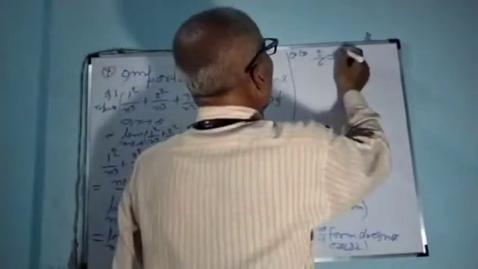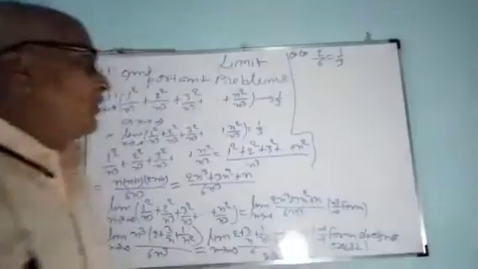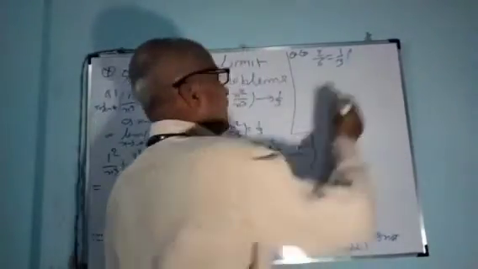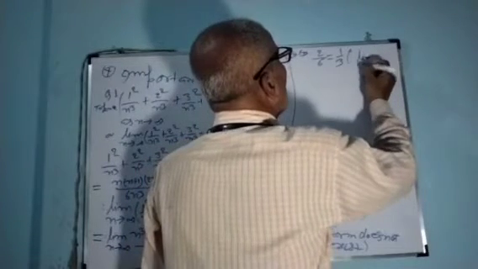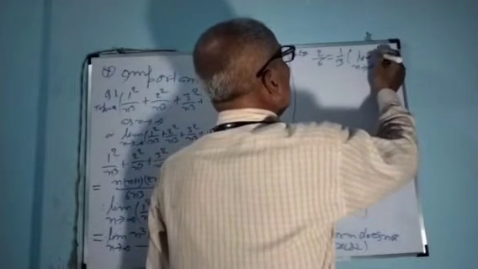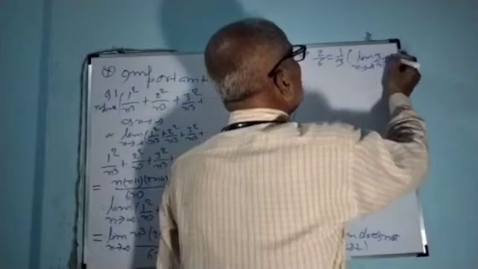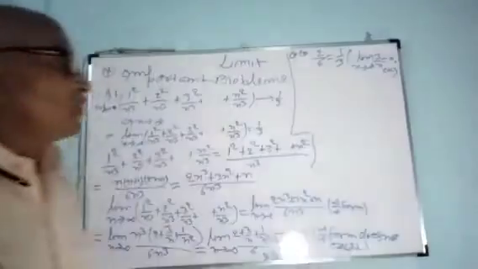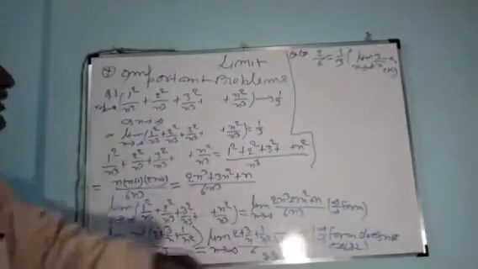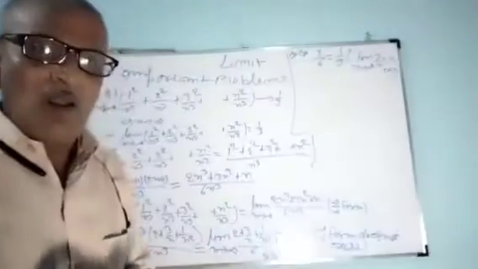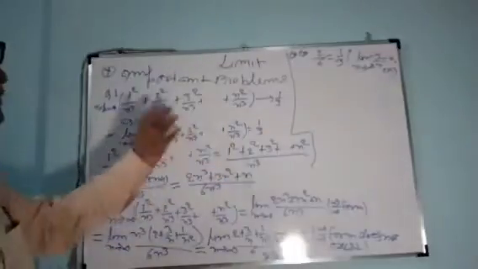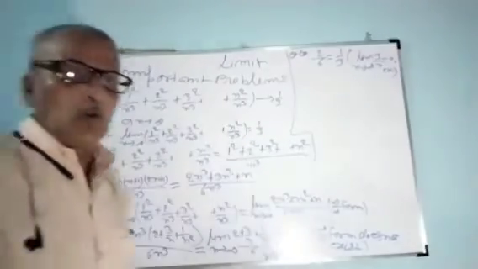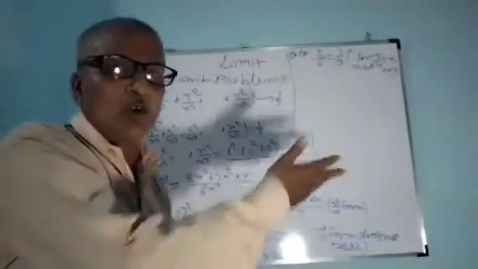This is equal to 1 by 3, since limit n tends to infinity of 3 by n is equal to 0, etc. So the limiting value of the function is 1 by 3, and we obtain the required limiting value of the function. This function, you write it in your notebook.